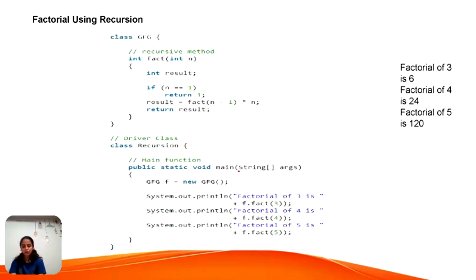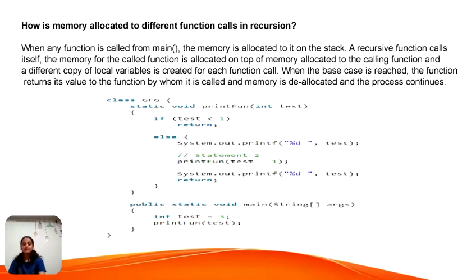Then the factorial of different numbers 3, 4, and 5 is calculated using the method of the GFG class and printed out using the System.out.println statement. So when you run this code, it will calculate and display the factorial of 3, 4, and 5, which is 6, 24, and 120.